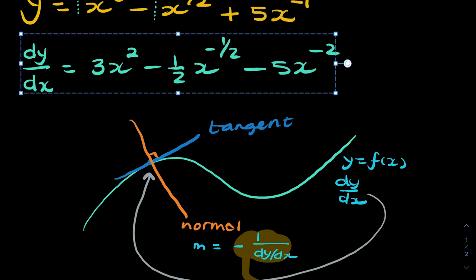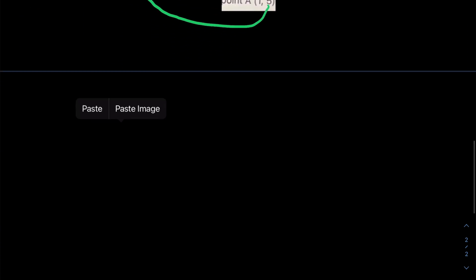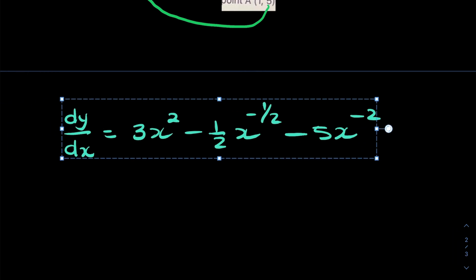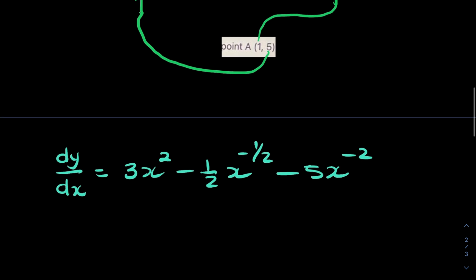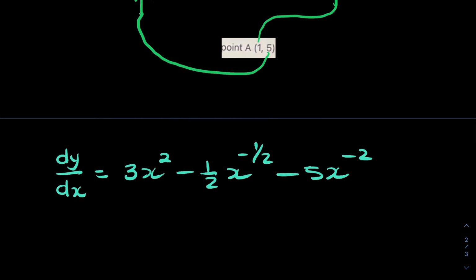So let's take that and substitute the values of x and y in it. So again, x is 1, so I can put 1 there, and there, and there.